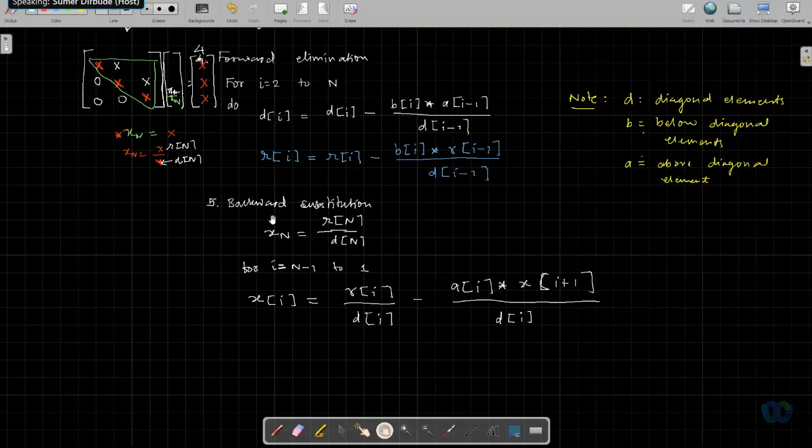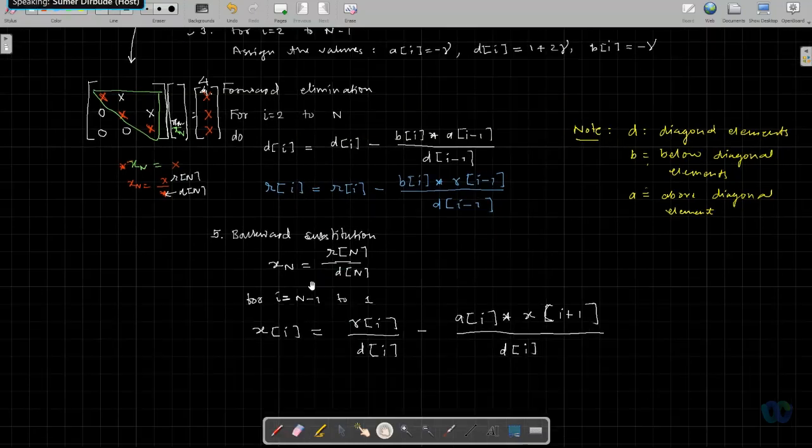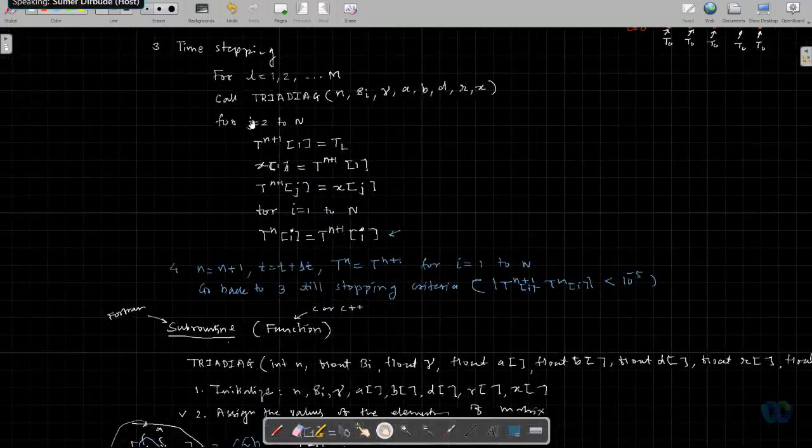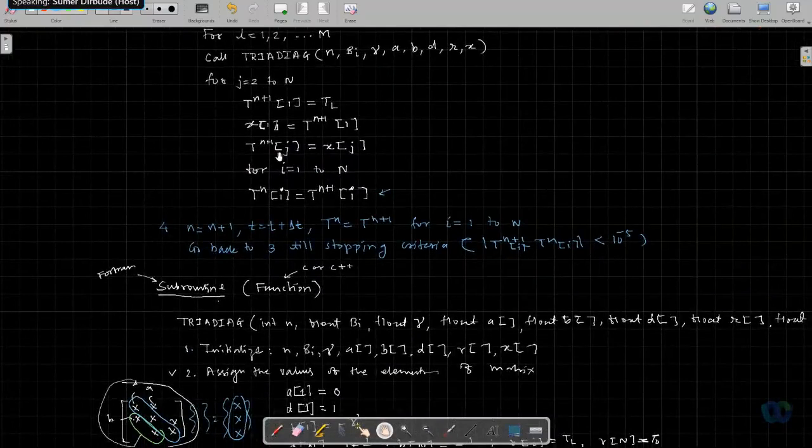So by this you know everything. You know the d's and r's, and once you know them, you can calculate the x's. The x's are nothing but temperature values. So once this function is called, all x values are calculated, and these x values are substituted here. And these values are again substituted as Tn. It is some arrangement in order to assign these values to these values.